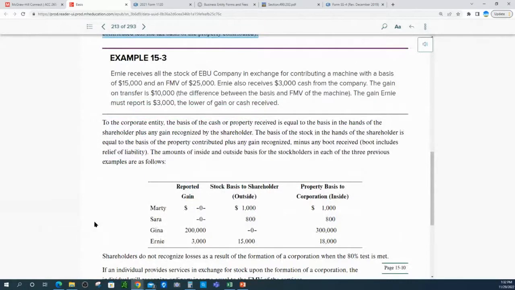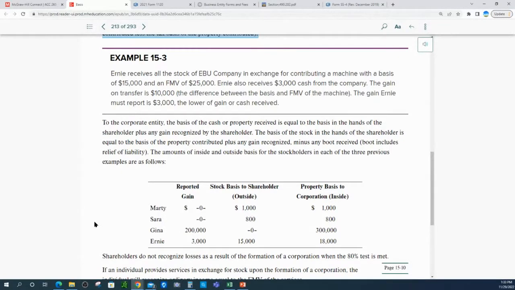Now we've got Ernie. So remember, this is when you are giving the corporation maybe cash. The corporation is giving you stock, but then they're also giving you something else, maybe a piece of property or something like that. So Ernie receives all of the stock of EBU Company in exchange for contributing a machine with a basis of $15,000, fair market value of $25,000.